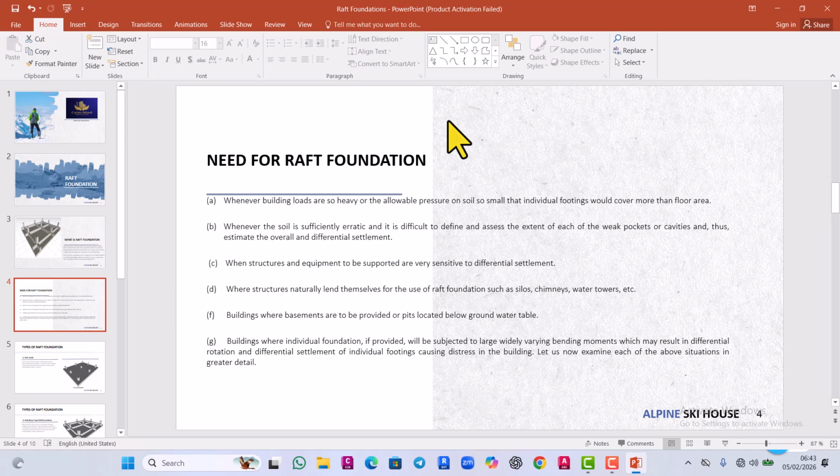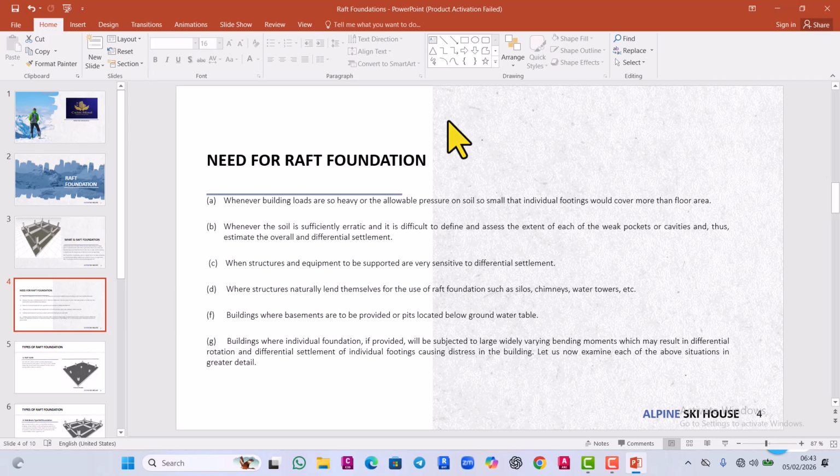And the third one, C, says when the structures and equipment to be supported are very sensitive to differential settlement, like your storage tanks and silos. They are very, very sensitive to differential settlement, so raft foundation is recommended.